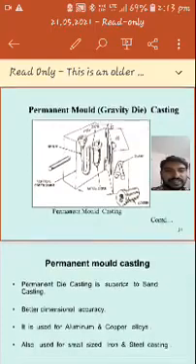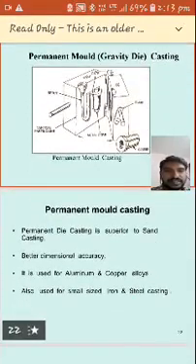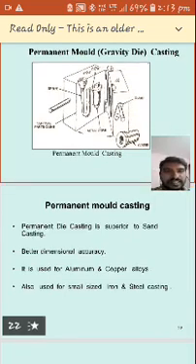See here, there is a permanent mold casting. It has two halves. Sprue is there, gate is there, and the metal core is there. The vertical line is the sprue, and from the sprue the molten metal is poured.